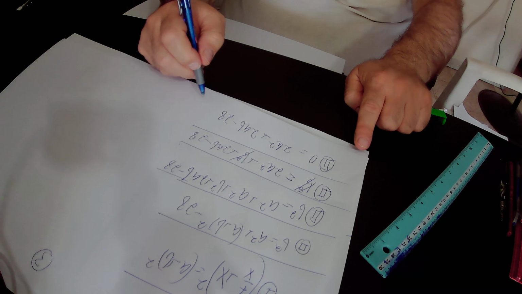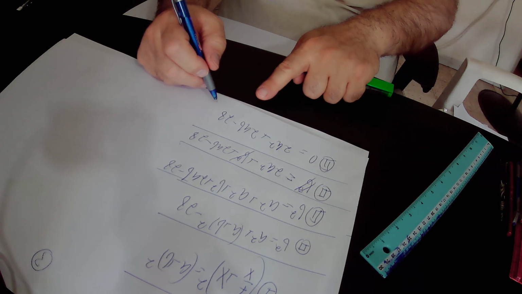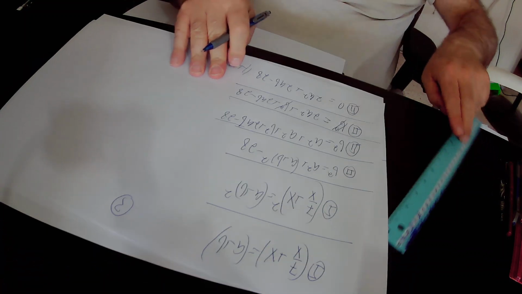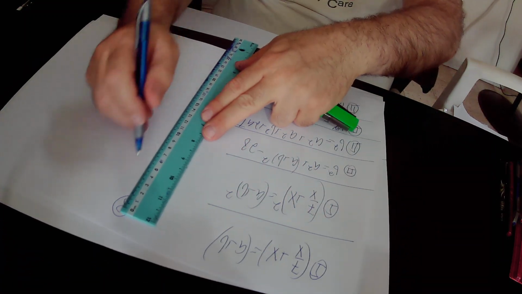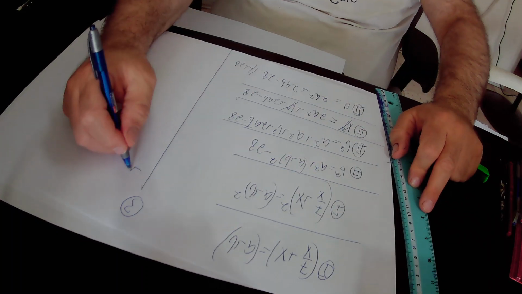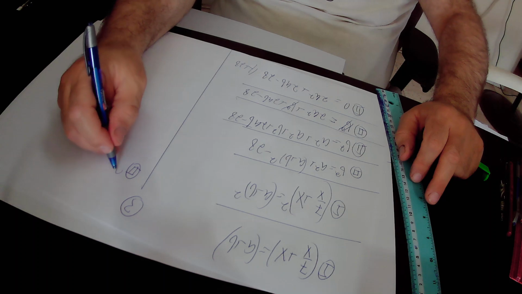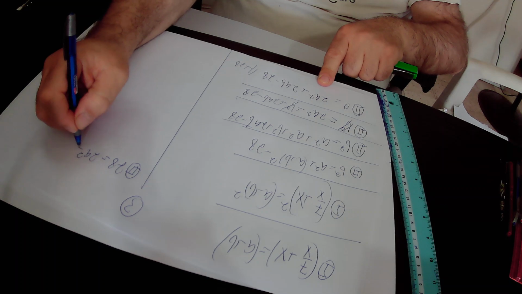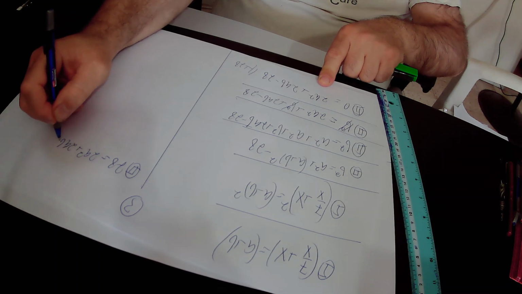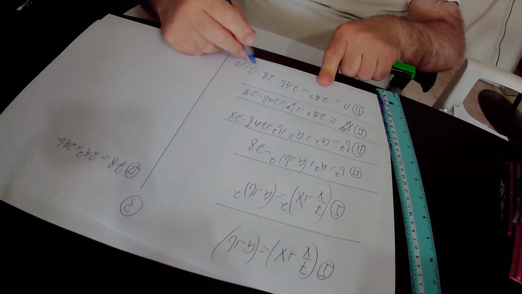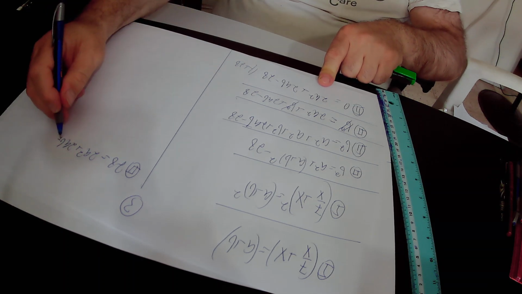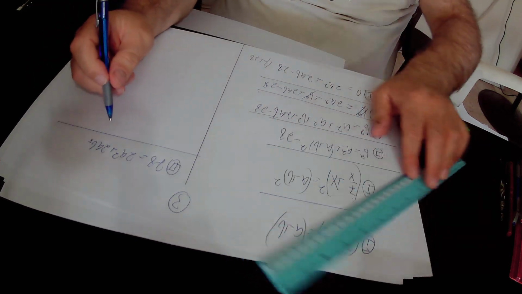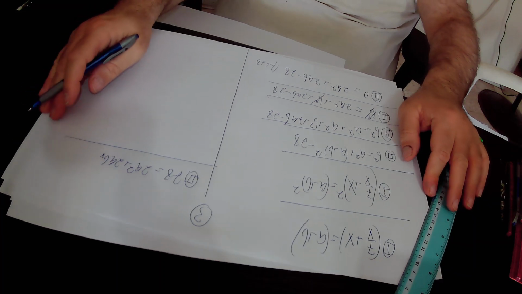Since we subtract 28 here, we add 28 to equation 2, and we get 0 plus 28 is 28, equal to 2a squared plus 2ab, and minus 28 plus 28 is 0. So according to equation 2, 28 equals 2a squared plus 2ab.